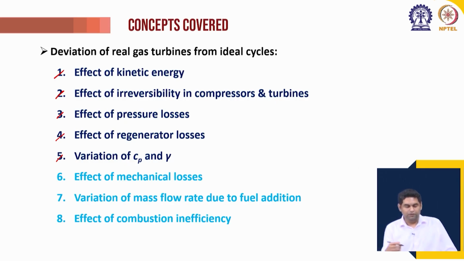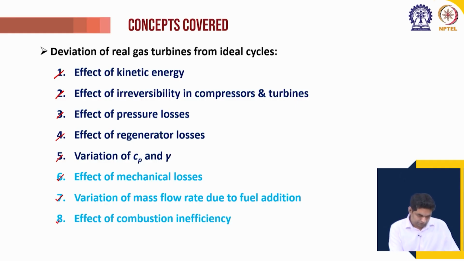So, today we will complete this part by considering the 3 remaining effects, which is the effect of mechanical losses, or frictional losses between mechanical parts. Then the change in mass flow rate. This is not a loss, but this is the change that needs to be incorporated in the calculation due to the change in the mass flow rate, which occurs because of fuel addition.